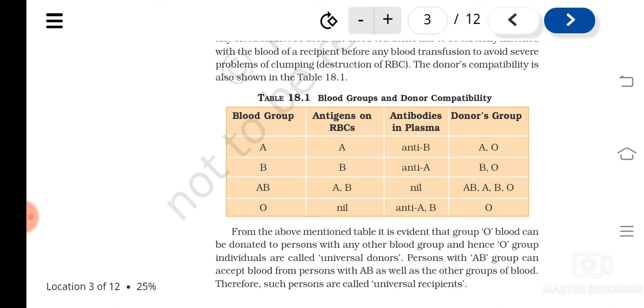And persons with AB blood group can accept blood from AB and the other groups also, so they are known as the universal recipient. AB is considered the universal recipient, and O is considered the universal donor.